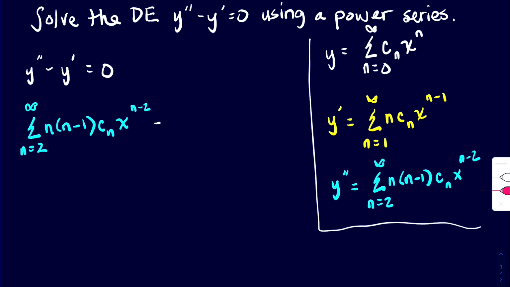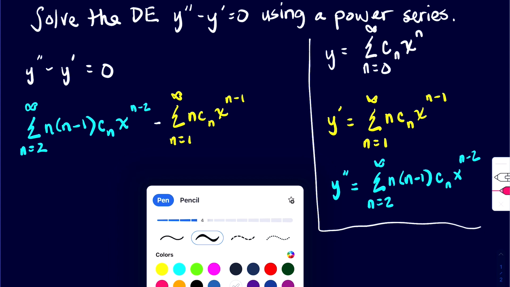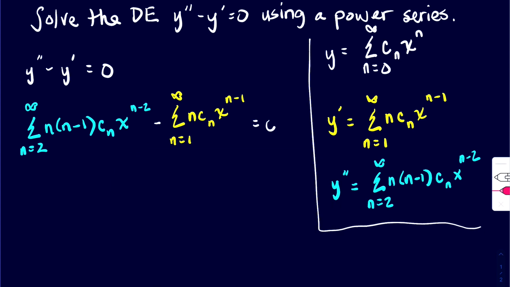Y prime is the summation as n goes from 1 to infinity of n times c sub n times x to the n minus 1. And this is all equal to 0.